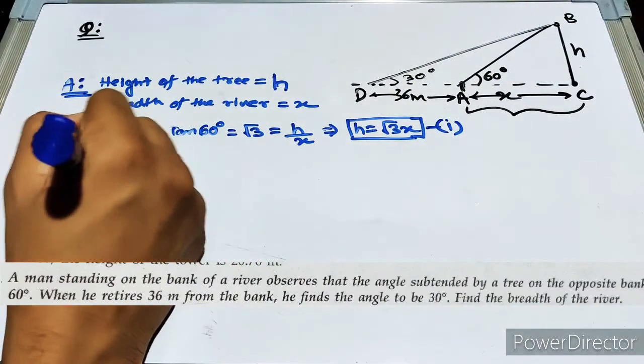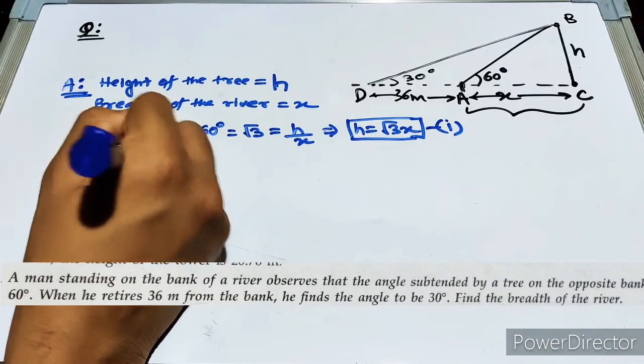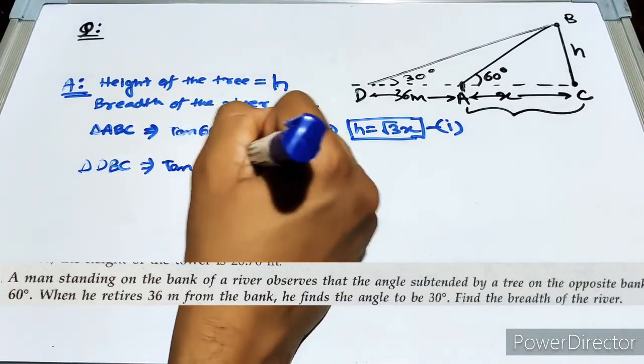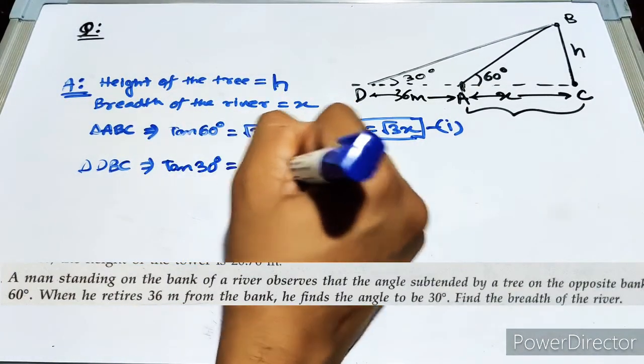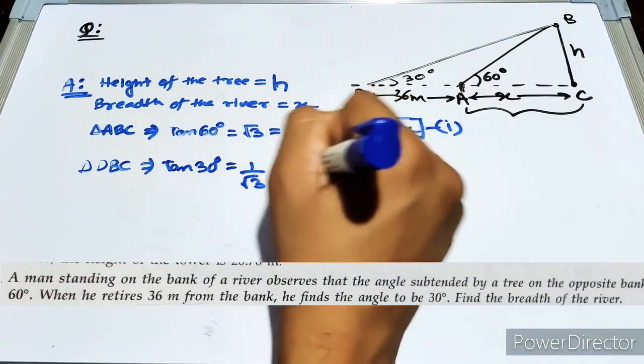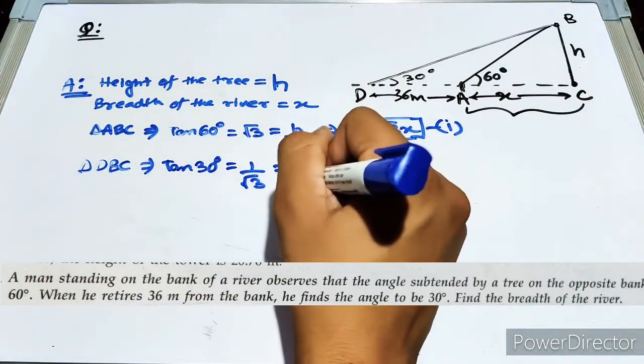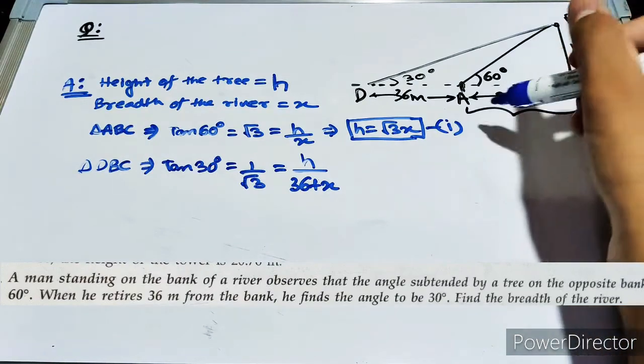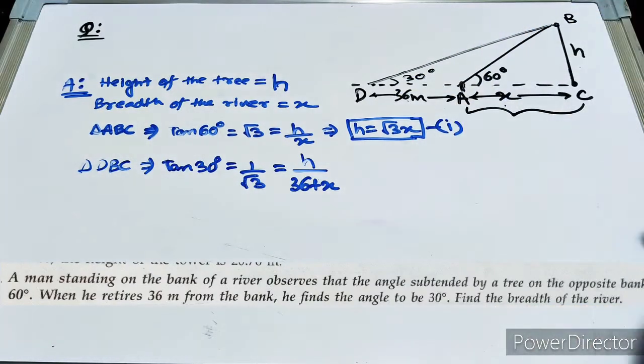तो फ्रॉम ट्रायंगल D, B and C we can say that tan of 30 degree, which we know is 1 upon root 3, is equals to h divided by 36 plus x. In this big triangle we can say that perpendicular is h and the base is 36 plus x.